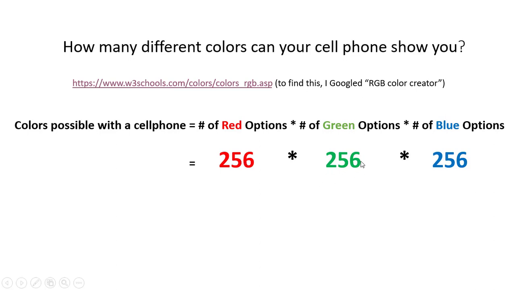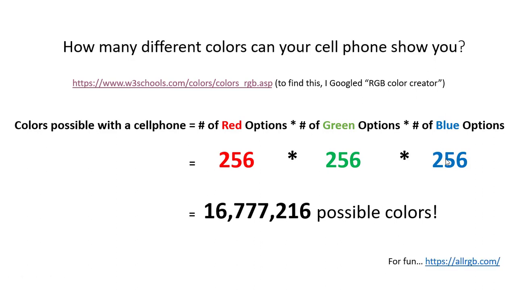There are also 256 possible green options, and 256 possible blue options, which gives us a grand total, if you multiply those all together, of 16,777,216 possible colors that your cell phone screen can show you, which is actually pretty rad to think about. That's a lot of colors. So we will move from cell phone colors to cell phone lock screens next.